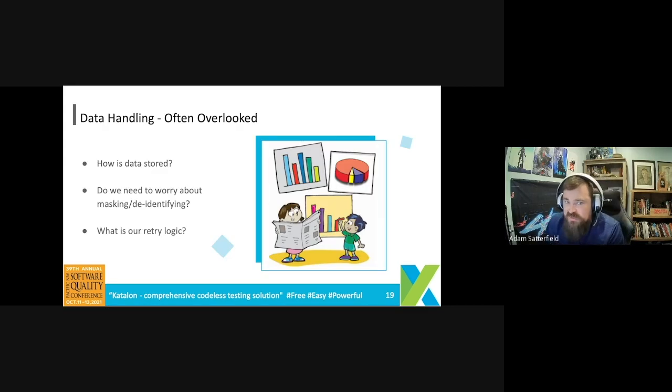This is one that I definitely see overlooked quite a bit, especially this last bullet point here of retry logic. I see a lot of automation frameworks that are very, very good, but then fail due to data failures. A lot of times the data failure is that someone changed my data and I didn't know it, and so we failed, and that entire script or suite that was supposed to run overnight just failed.